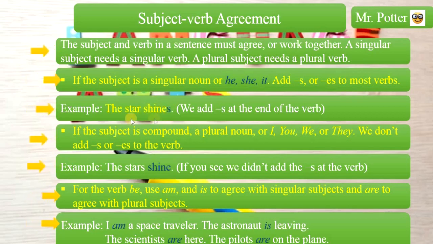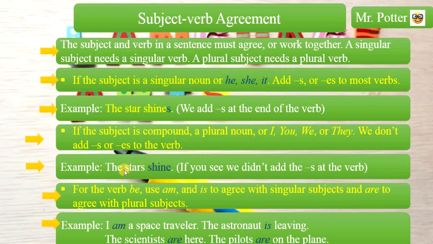This is the verb. Number 2. If the subject is compound, a plural noun, or I, you, we, or they, we don't add s or es to the verb. Example: the stars shine. If you see, we didn't add the s to the verb. What is the verb?